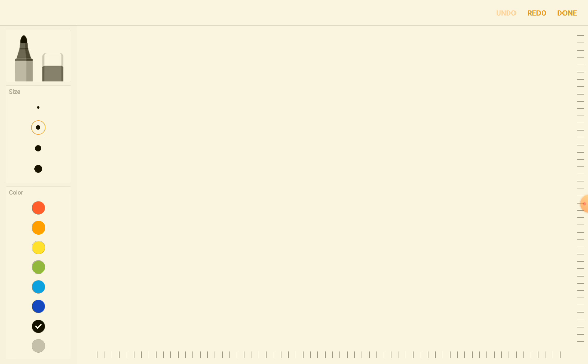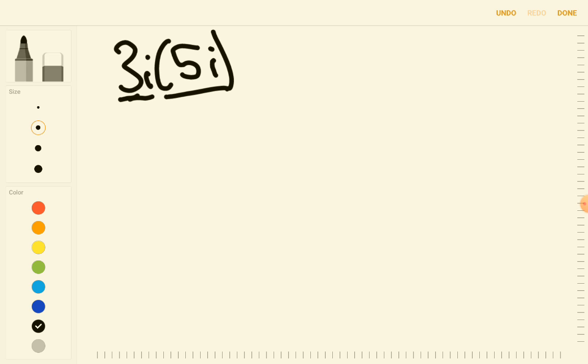For our first problem, we have 3i times 5i. So the first thing we need to do is distribute through the parentheses. So 3i times 5i, well, we know 3 times 5 is 15, and I times I is I squared, so that would be 15i squared.